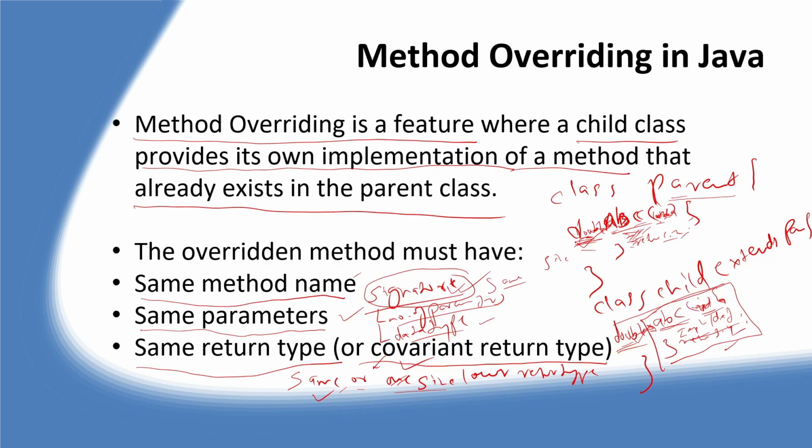So let's say if it is double, I can use int here, as its size is smaller than double, so I can use both double or int. The same we can use anyway, and also I can use a lower size than the parent class method's double in this example. So I can use two return types, double, that is the same, and the lower size, that is int. So this is the covariant return type.